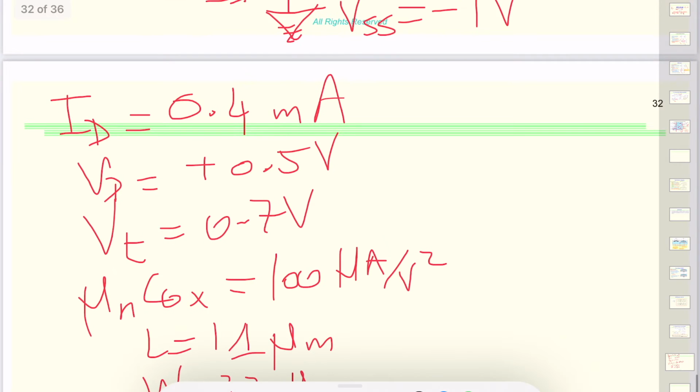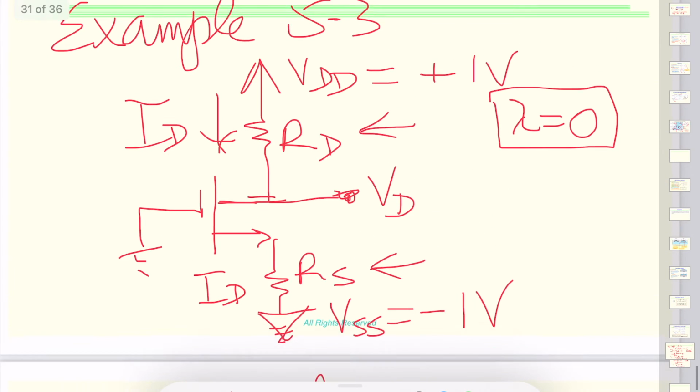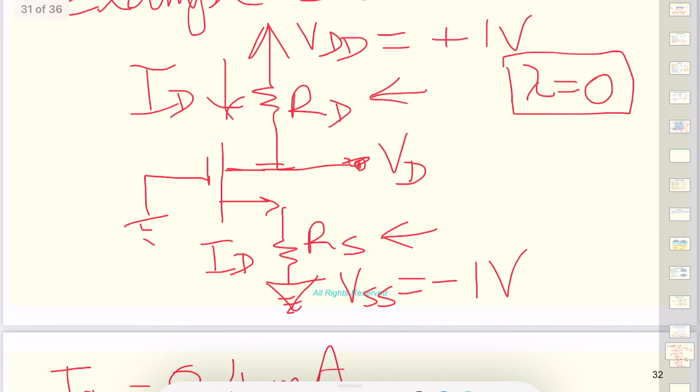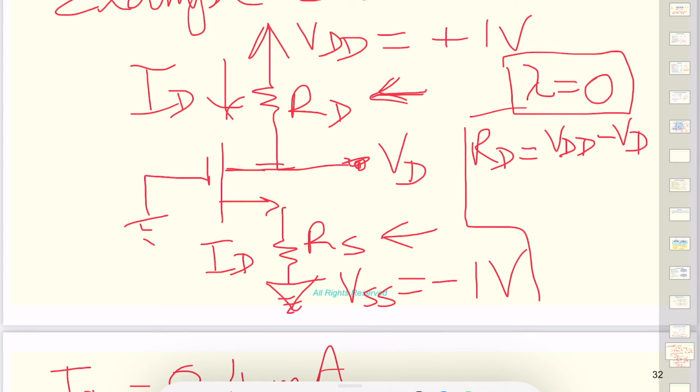So we have to look at the paths and see what the voltages are and how those voltages show up across RD. For RD, if I do my network analysis, I get the power supply minus drain voltage divided by the current that's flowing through.